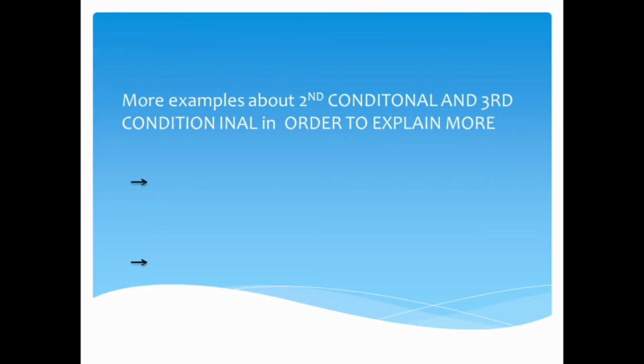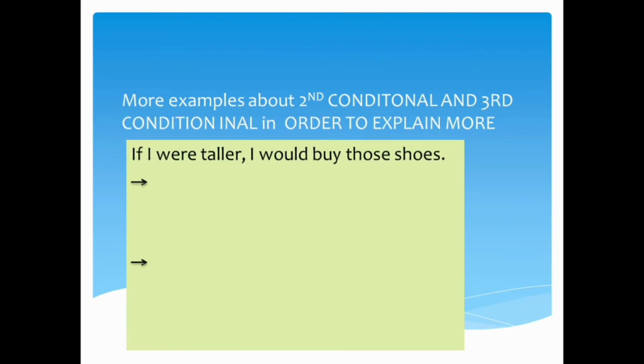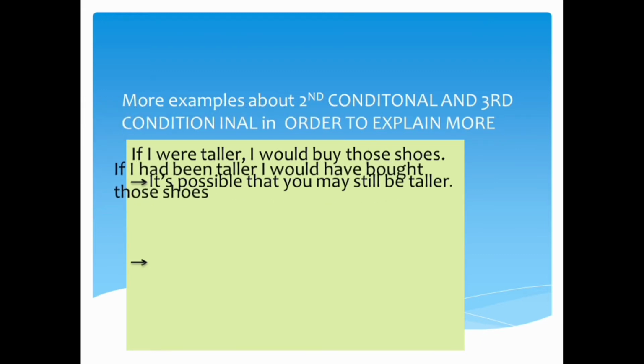More examples about the second conditional and third conditional in order to explain more. Let's see the examples. If I were taller, I would buy those shoes. It's possible that you may still be taller in the future, or you are taller in the present.